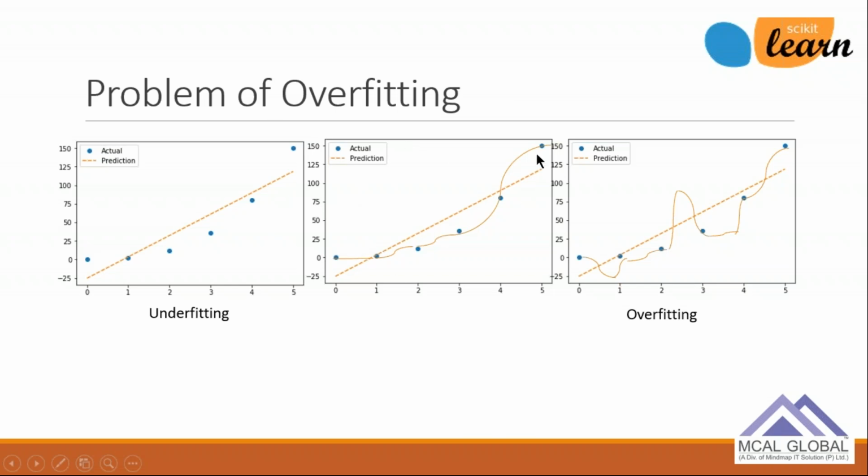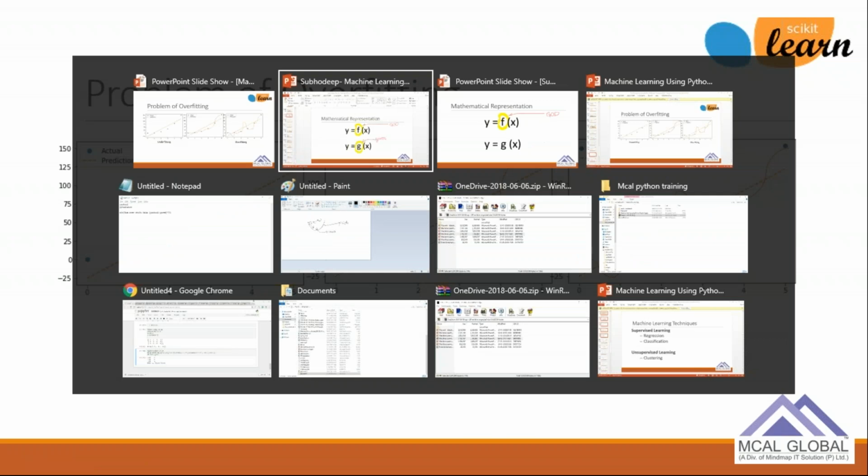My data is here and I predict a line here. I've prepared my g function here, so this loss is huge. So this is what is called underfitting, and this is called overfitting. So overfitting is when your training loss becomes zero, absolutely zero.